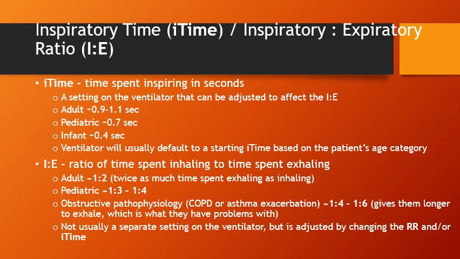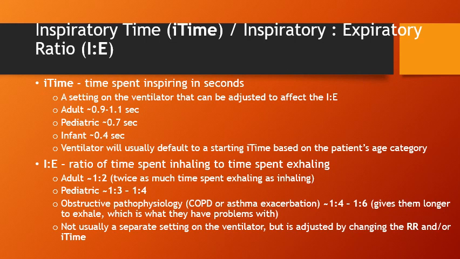So our last main setting that we're going to talk about on the ventilator is our inspiratory time, also known as I time, and our inspiratory to expiratory ratio. We denote that with an I:E, meaning I to E ratio. So this is probably the most difficult concept and setting to wrap your head around, what it actually means and what we're doing.